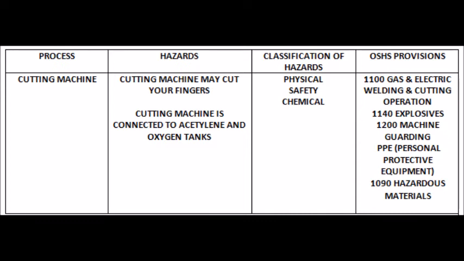The OSHS provisions for this process are 1100 gas and electric welding and cutting operation, number 1140 explosives, number 1200 machine guarding, and also the PPE or personal protective equipment, and lastly, number 1090 for hazardous materials.